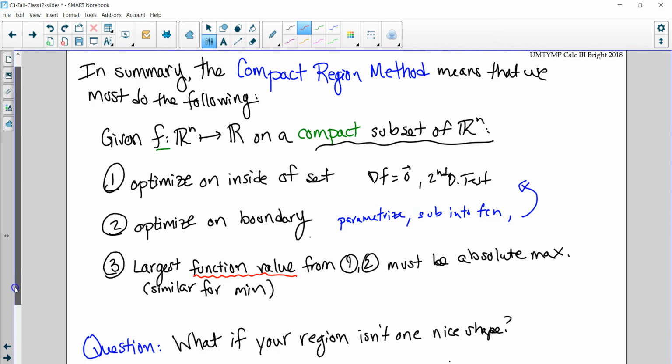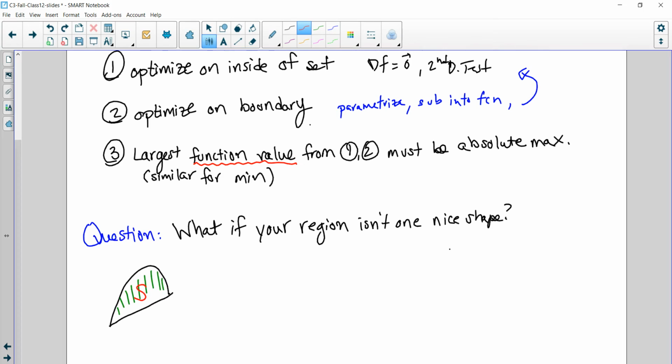As a quick extension question, what if our region isn't one nice shape? In our example, we were looking at the unit circle. We can parameterize that quite easily. What do you do in the case of something like this, where one side is maybe a parabola and the other side is a line? What do you do?